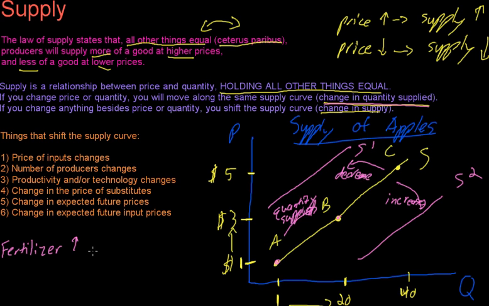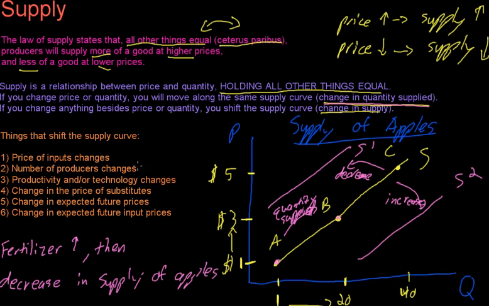So there will be a decrease in the supply of apples, because it's more expensive to produce apples. Decrease in, sorry, not in the price, in the supply of apples.